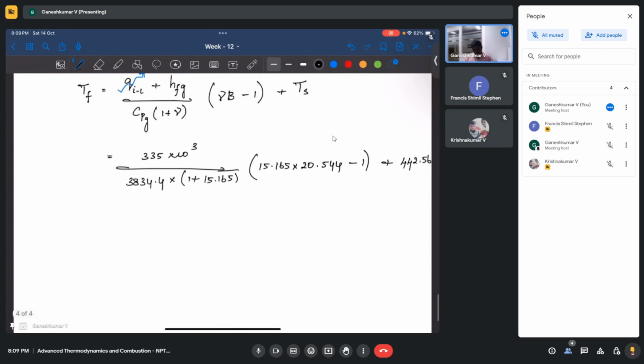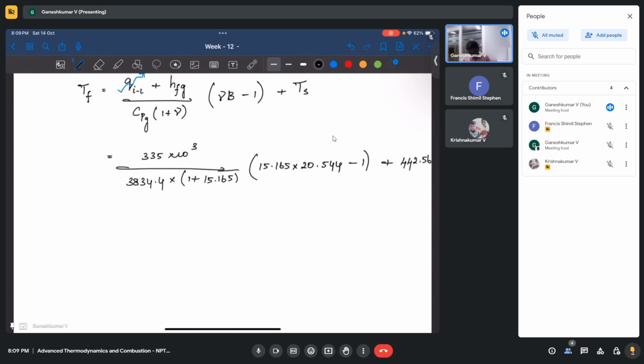All right, let me quickly calculate this also. 15.165, 20.544 minus... 2335 into 10 power 3 divided by 3834.4, right?